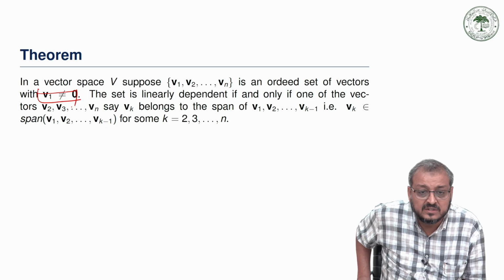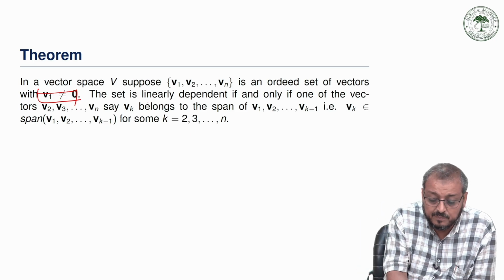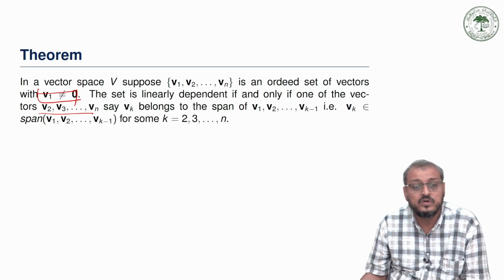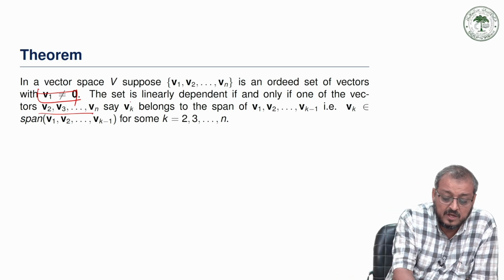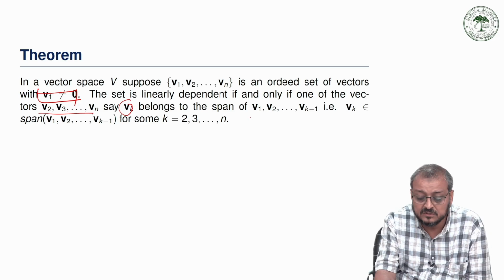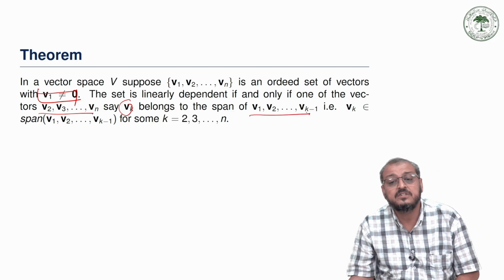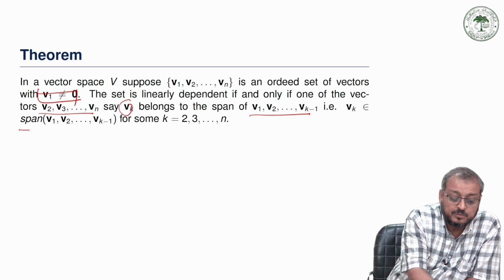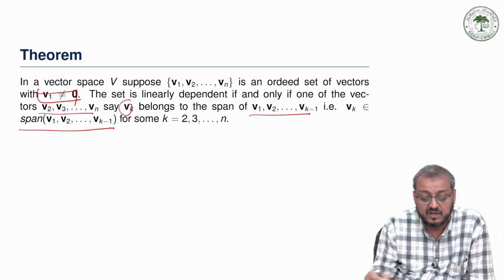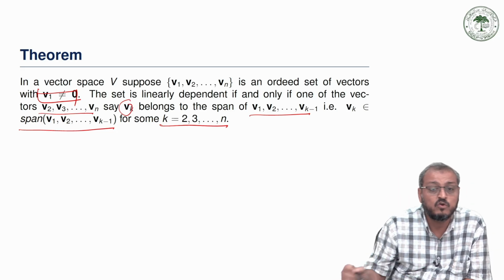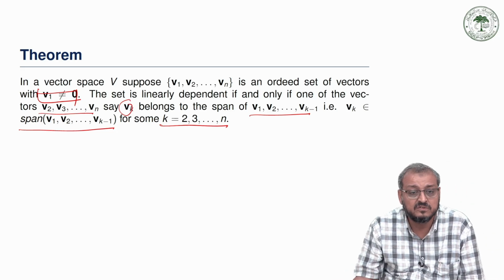Then the set is linearly dependent if and only if one of the vectors, suppose Vk, belongs to the span of all the preceding elements V1, V2, up to Vk minus 1, where k runs from 2 to n, because we assume that V1 is not equal to 0.